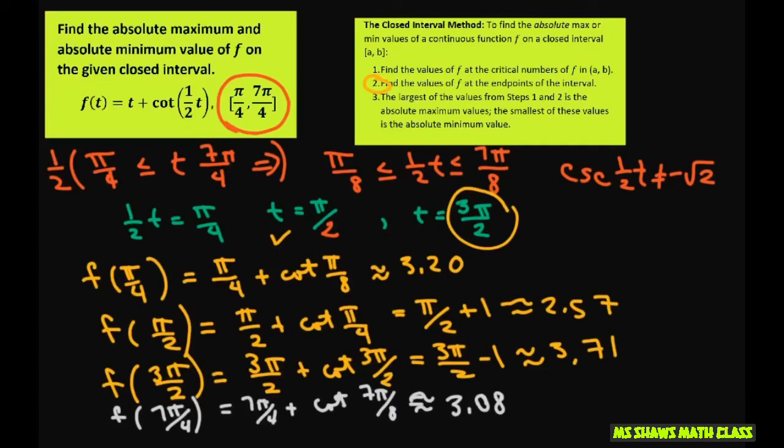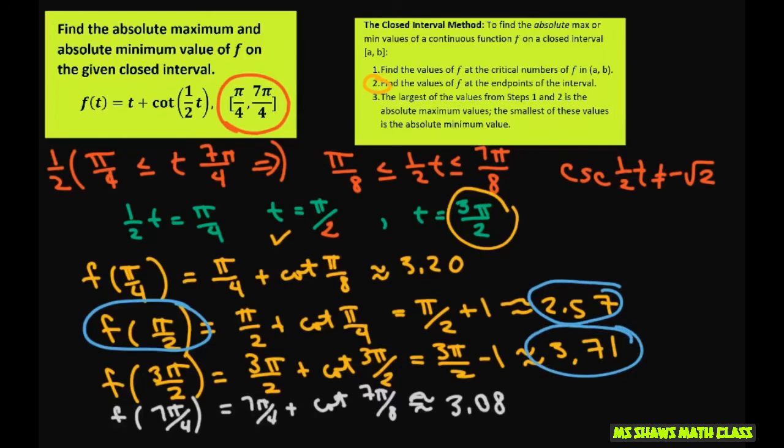So our absolute maximum is at f of 3 pi over 2. This is the large one.